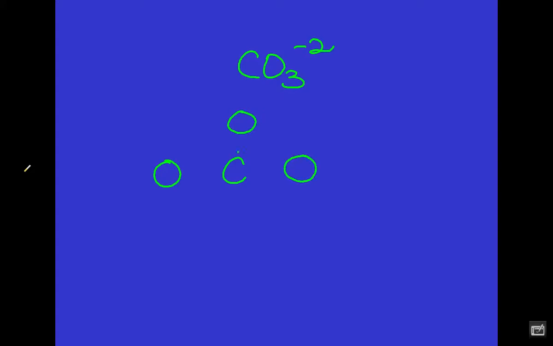Carbon has 4 valence electrons, and each of my oxygens has 6. So now we are going to share, share, share, and share.